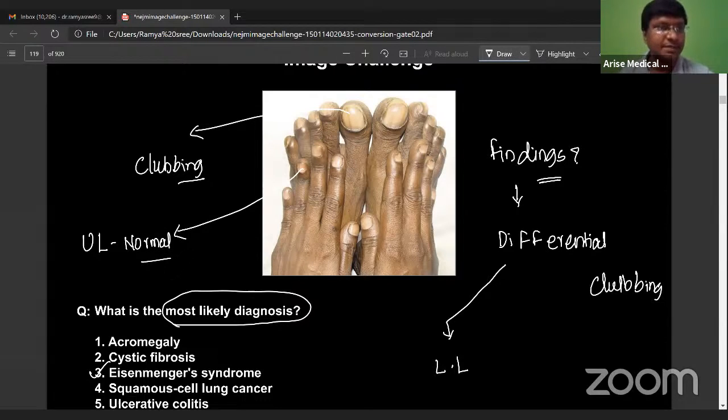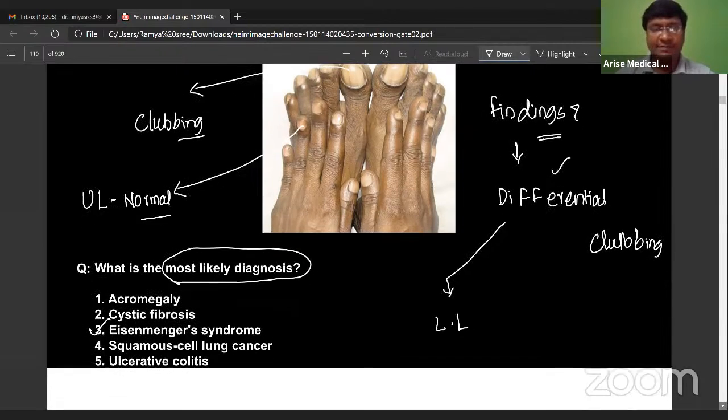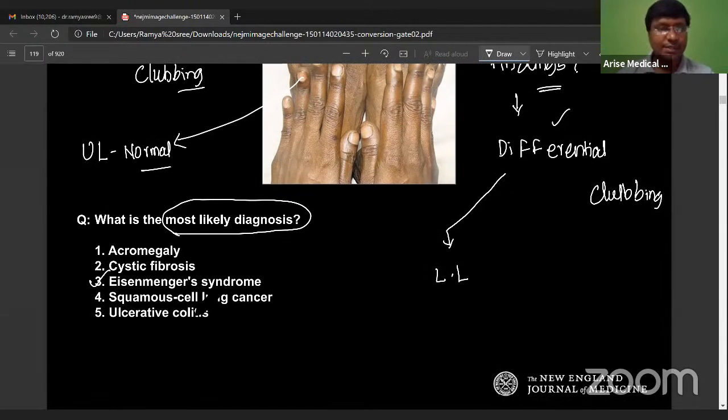They don't have clubbing. So this is called differential clubbing. And where do you have this differential clubbing? You will have this in patients with Eisenmenger syndrome with PDA, patent ductus arteriosus. Now, can anyone tell me what is this Eisenmenger syndrome?